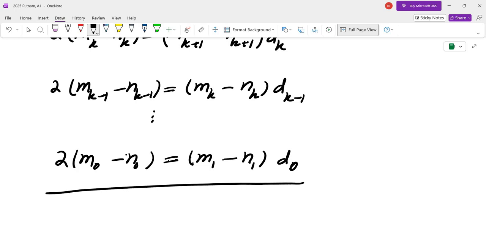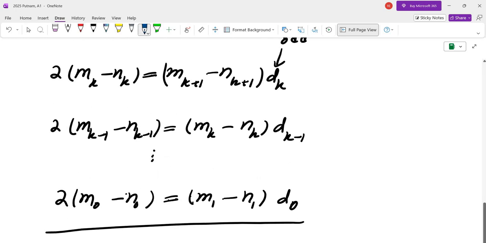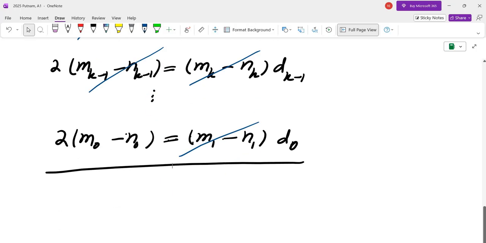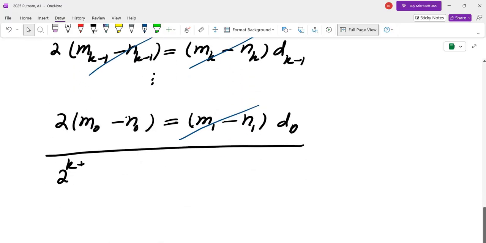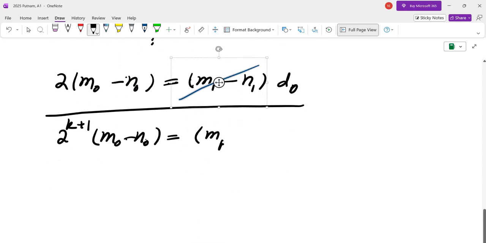If I multiply all of these, I notice that these are going to cancel. So basically, I get a telescoping product, and this gives me a power of 2. It doesn't really matter what power of 2 it is, but it is 2 to the power of k+1 times (m0 minus n0) is equal to, on the other side, (m(k+1) minus n(k+1)) times the product of d0 all the way to dk.